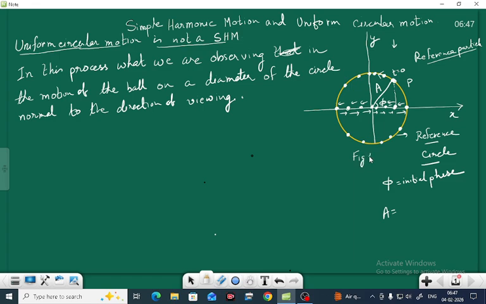Figure 1 describes the same situation mathematically.